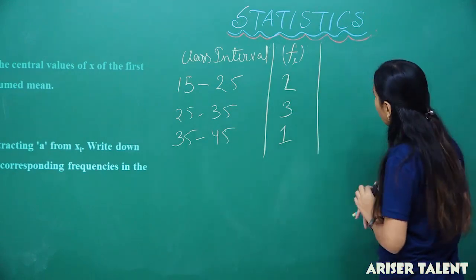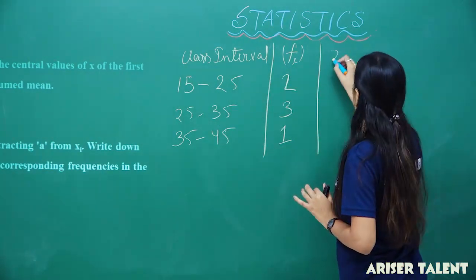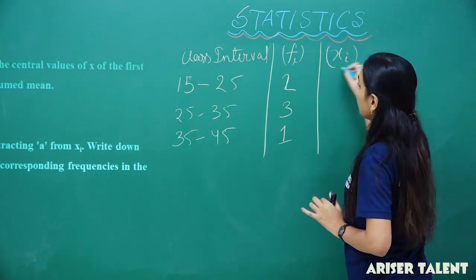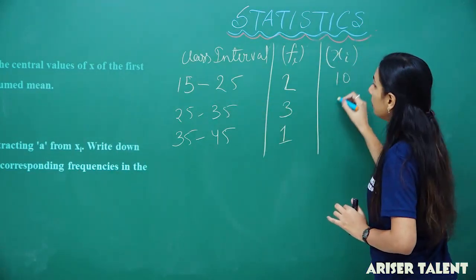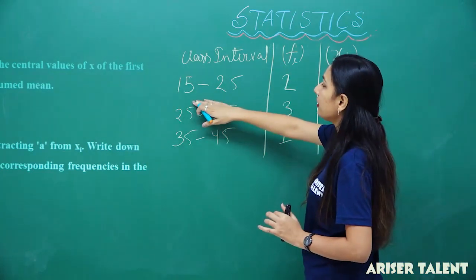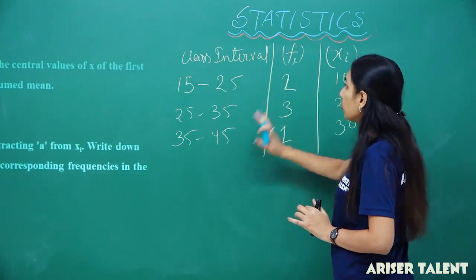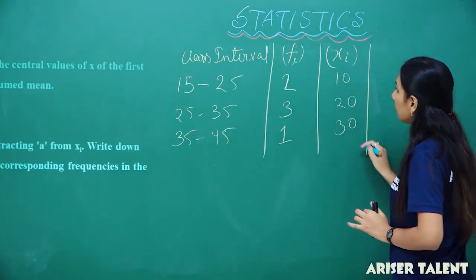Now from this I have to calculate x. So xi will be the mid of these, 10, 20 and 30. You can find it by upper limit plus lower limit divided by 2, for each class. You have to find it like this. Now these three.